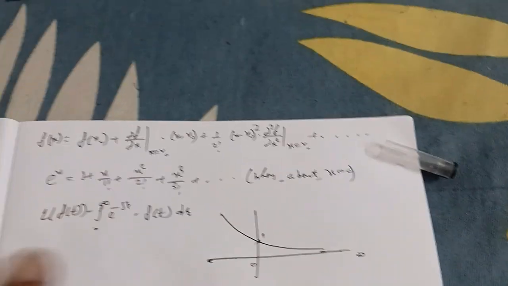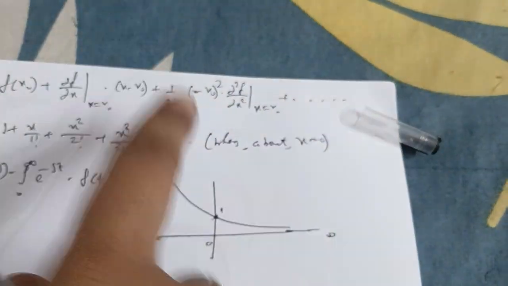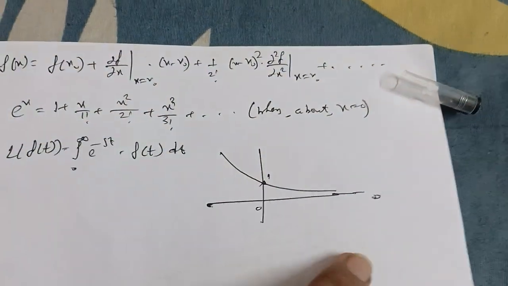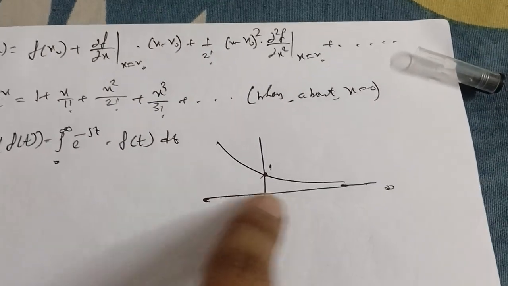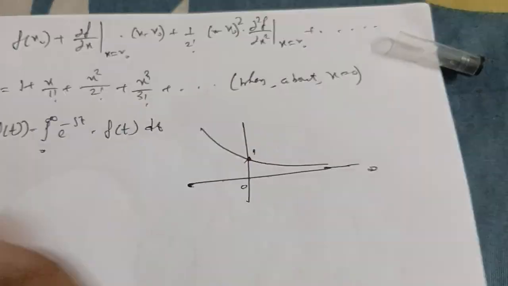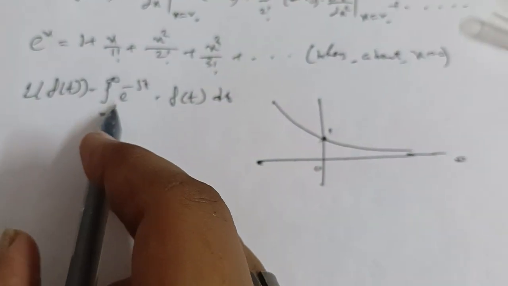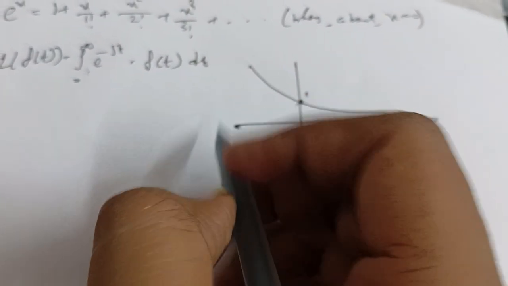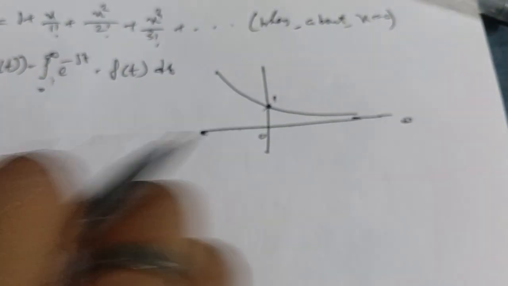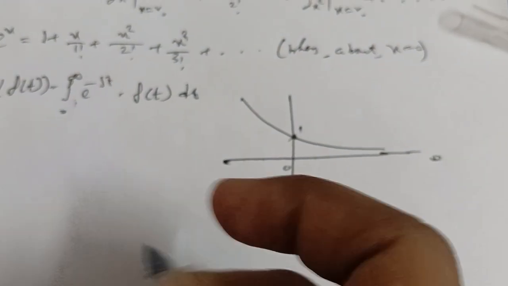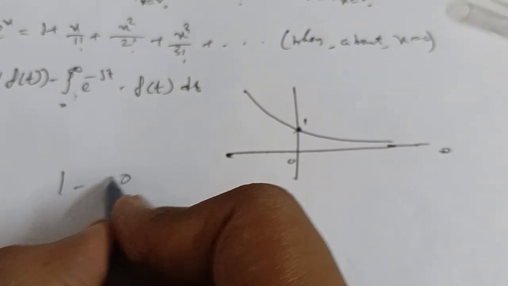So this formula is not right in general, but we can use the expansion about t is equal to 0. But how? At t is equal to 0, e power minus st's value is equal to 1, and as we grow t to 100, 200, 1 million, 2 billion, a trillion, it goes to 0. So its value is in the range of 0 to 1.